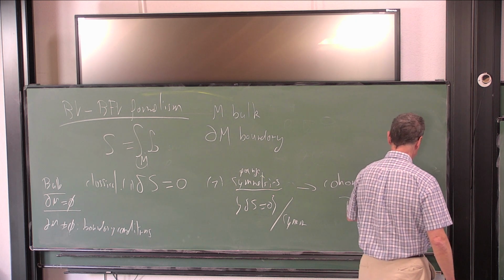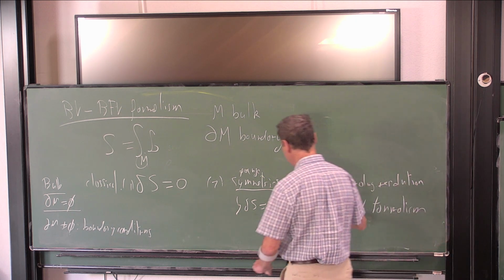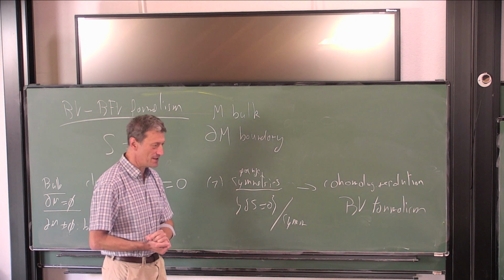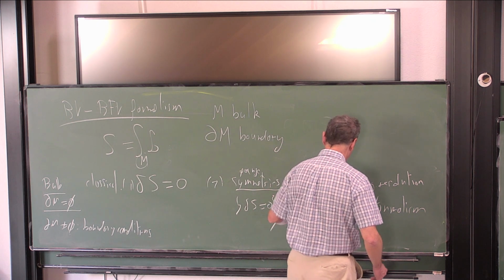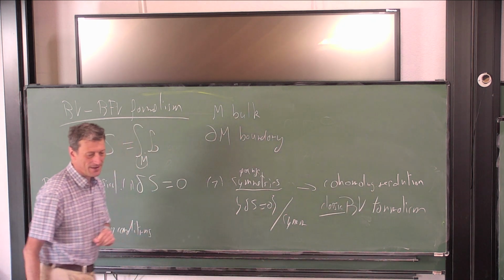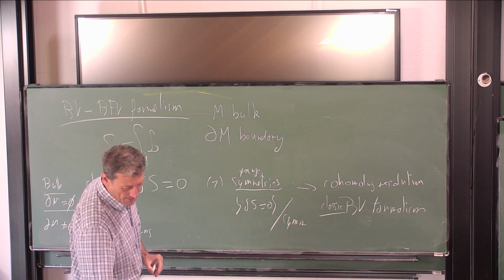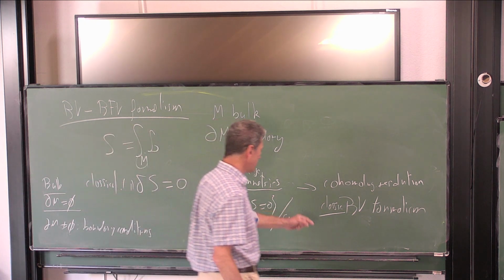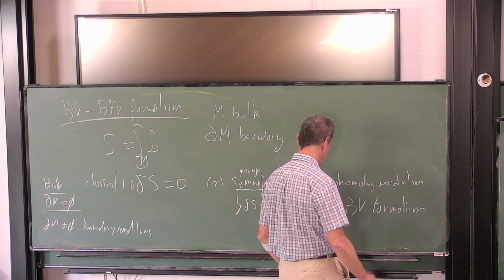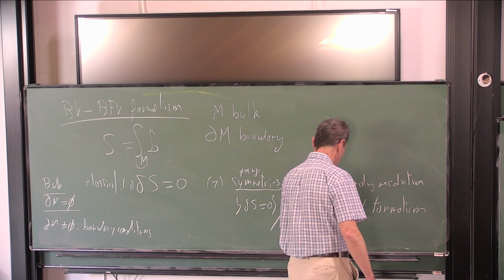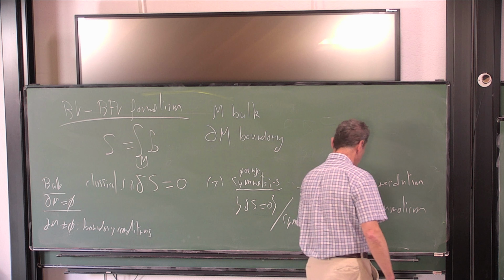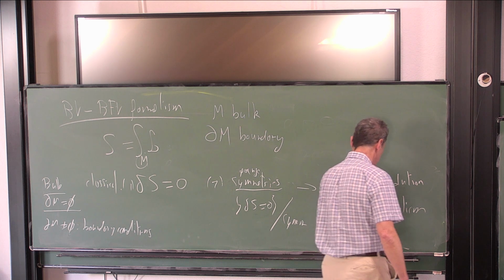BV formalism was not developed for this, but it turns out to be useful for this also, and I would say this is the classical BV formalism. And in modern work in algebraic geometry, this is related to what is now called -1 shifted symplectic geometry.